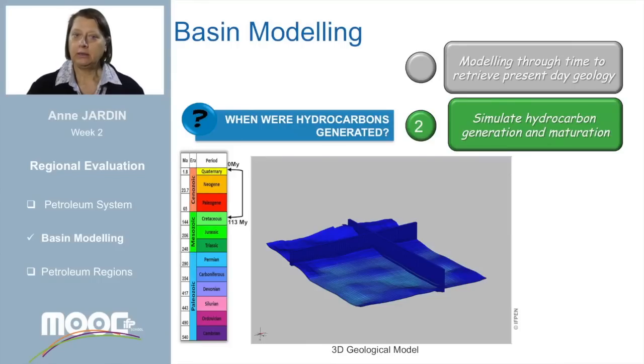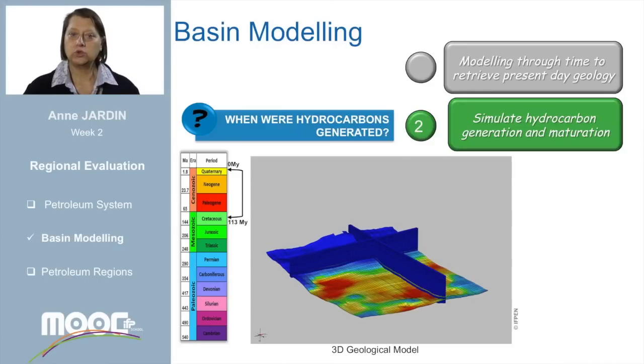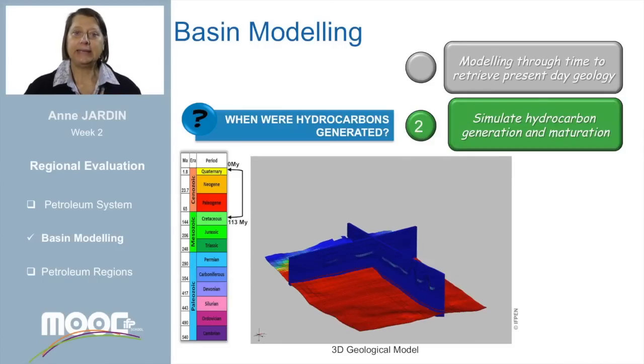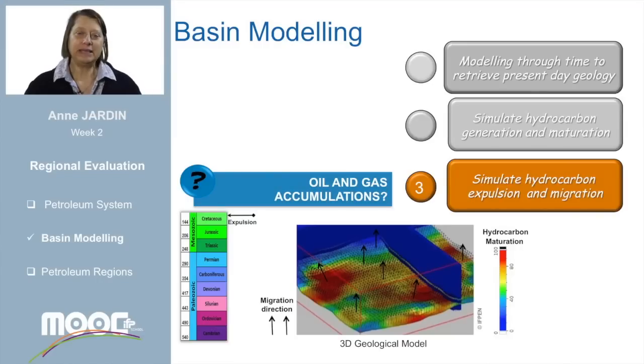Geologists can determine in which formation and at which geological period hydrocarbons were generated and became mature. In this example, the maturation of organic matter inside the source rock is displayed, and hydrocarbon maturation happened during the Cretaceous period.